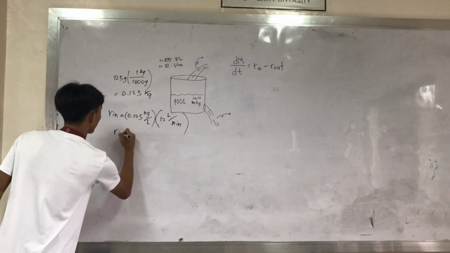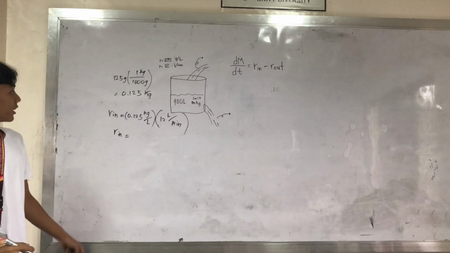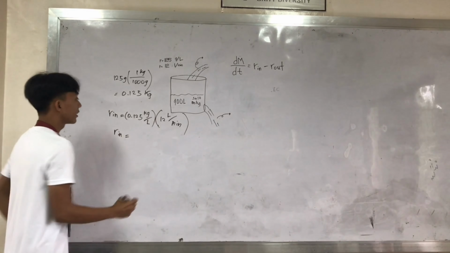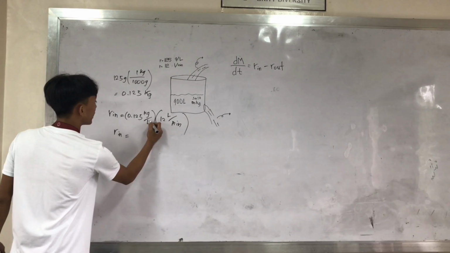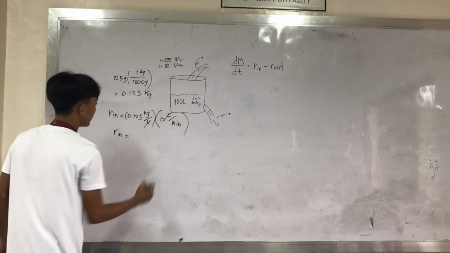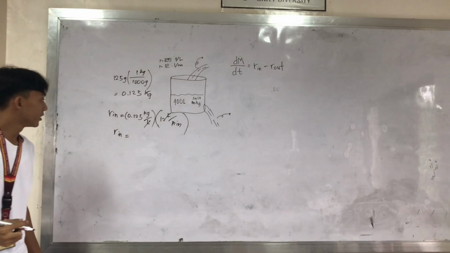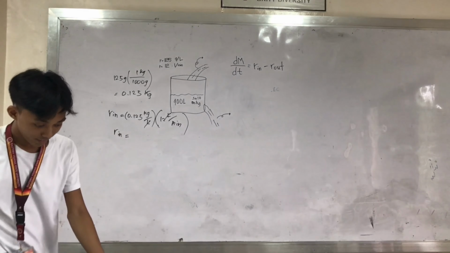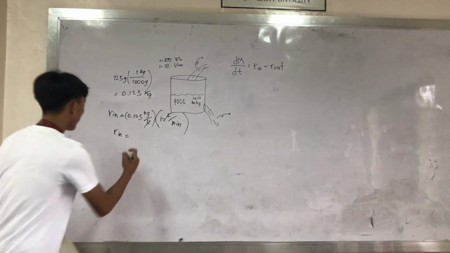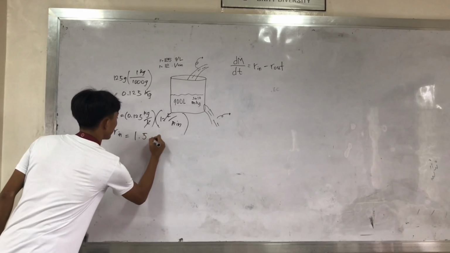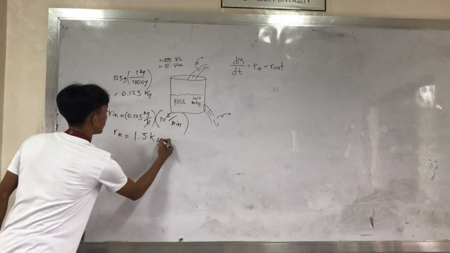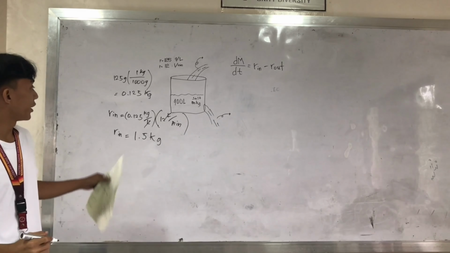So the Rin will be in kilograms per minute, because the liter will be cancelled. 0.125 times 12 is equal to 1.5 kilograms per minute. Now this is the Rin.